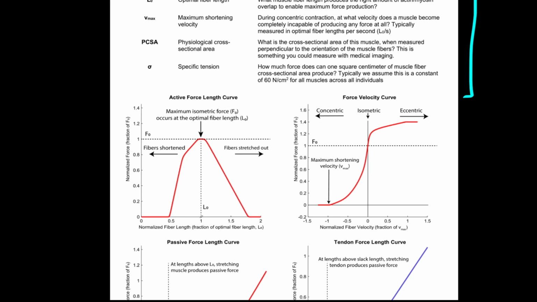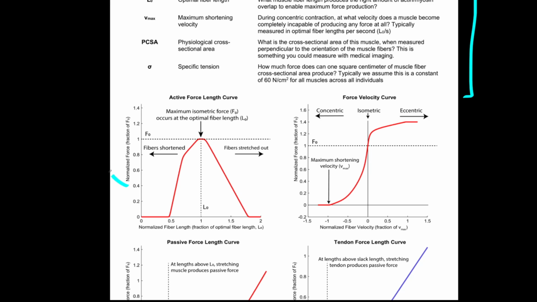And whatever maximum amount of force that a particular muscle can produce, when you get the fiber length just right, is what we call the maximum isometric force of the muscle. And it occurs at the optimal fiber length by definition. So there's this narrow little region right here where you can produce the maximum amount of force. And then if the fibers are too long or too short, the ability to produce force goes down.